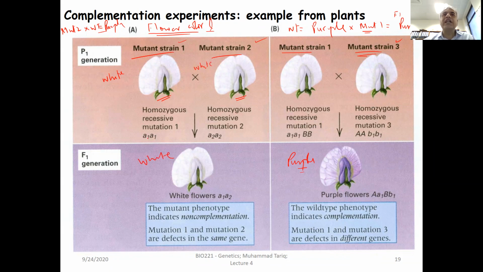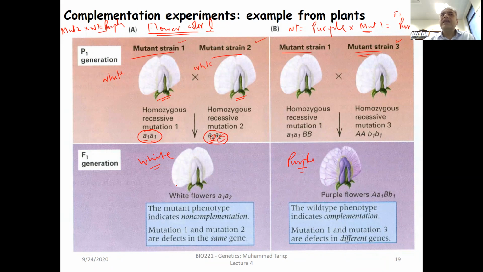Now let's put genotypes. Since they do not complement each other, you will say, okay, mutant 1 is homozygous recessive for a gene, A1A1, and mutant 2 is homozygous recessive for the same gene because I get F1 white. So it's the same gene which carries the mutation, but 2 means it's a different allele.